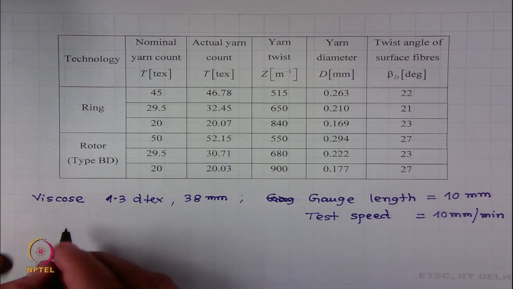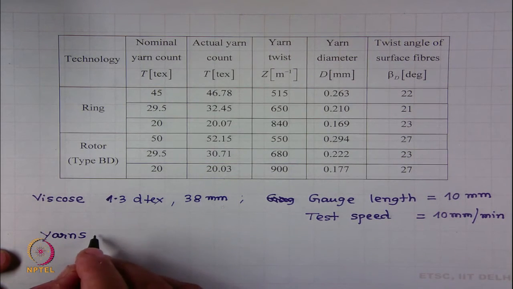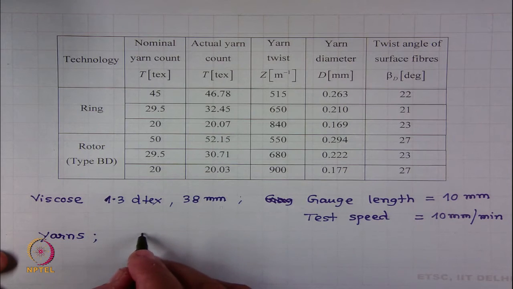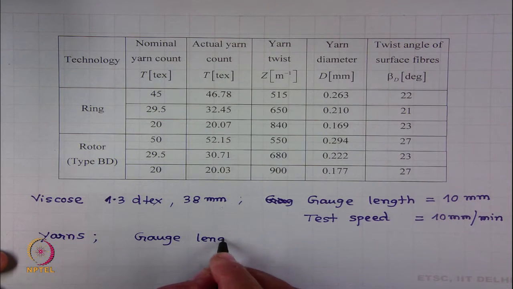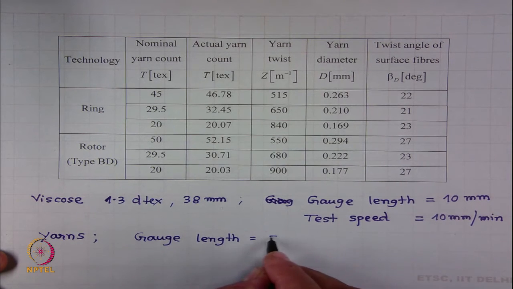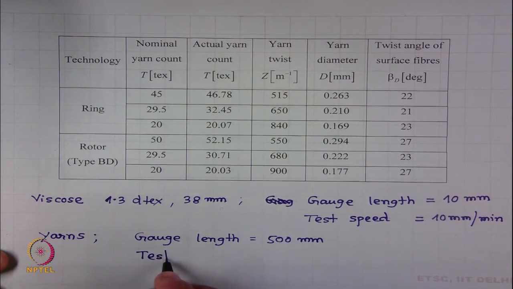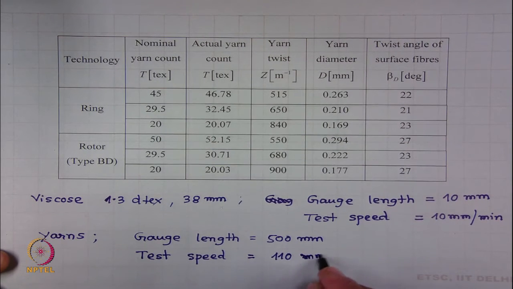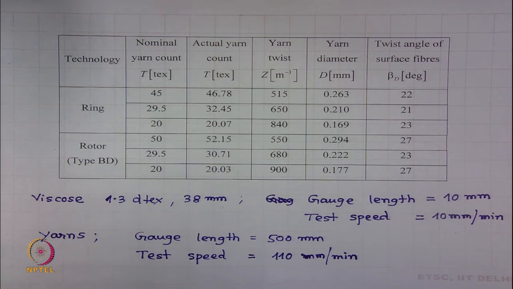So, for yarns the standard gauge length is 500 millimeter and test speed was kept at 110 millimeter per minute.